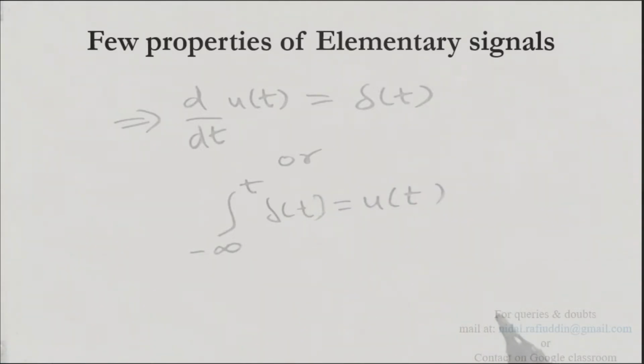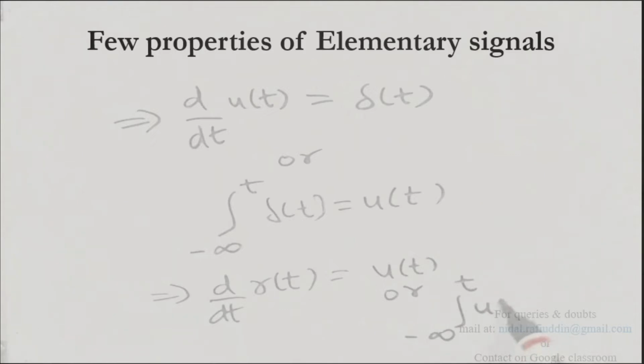Likewise, when we differentiate the expression of the ramp signal, if we take d by dt of r(t), then this is equal to the step signal u(t). Or we can say that if we integrate the unit step signal from minus infinity to t, then what we get is the ramp signal r(t).